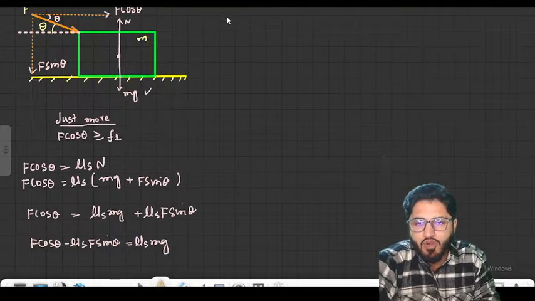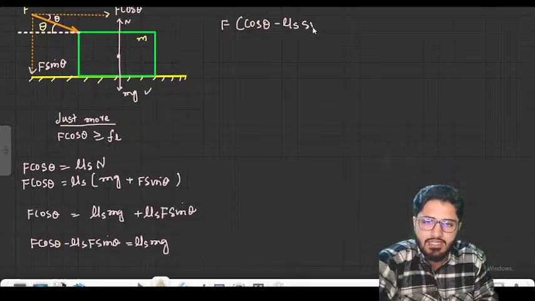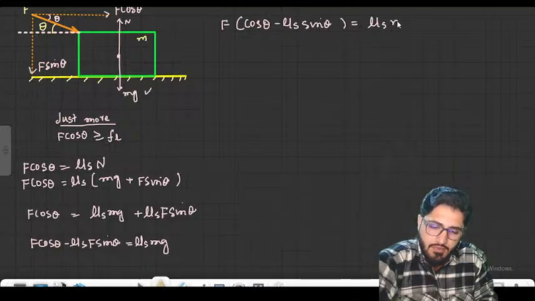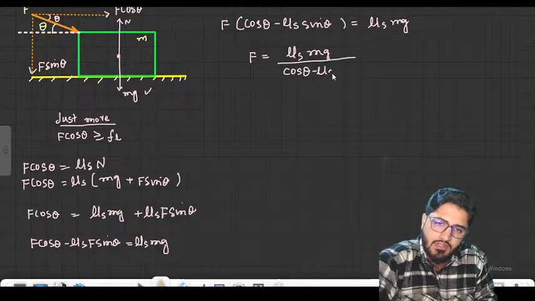Now I can take F common, so we have F times cos theta minus mu s sin theta equals mu s times mg. Now my F comes out to be mu s mg, whole divided by cos theta minus mu s sin theta.